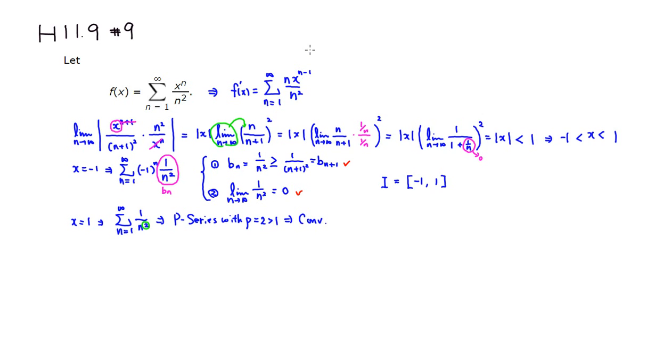Then you can see that we can cancel n on top and one of the n on the bottom. So we'd end up getting simply a summation, n goes from 1 to infinity, x to the n minus 1 over n.